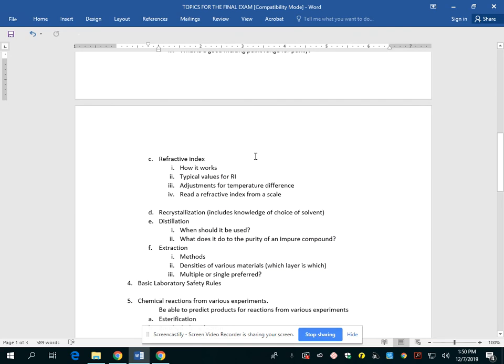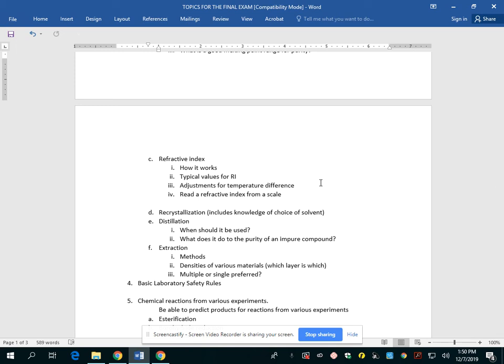Refractive index: typical values are in the 1 point something range. There, you will have to look up in the back of the book, because we did not have to, since the room was at 20 degrees the night we did the experiment.